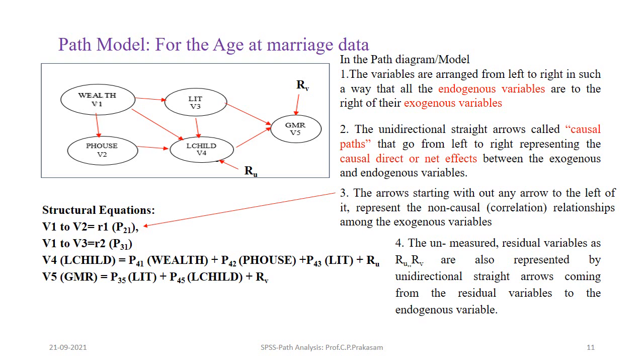Similarly, when you come to the girls marrying less than 18 years, that is GMR, that is V5. V5 equals the path coefficient of the arrow shooting down from V3, therefore PV35, that is the path coefficient between them, plus PV45, that is the L child, plus RV, the residual variable representing this regression equation.